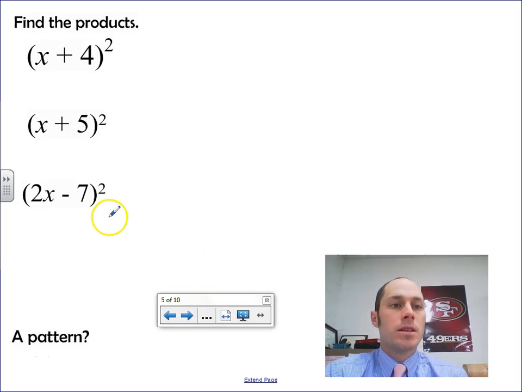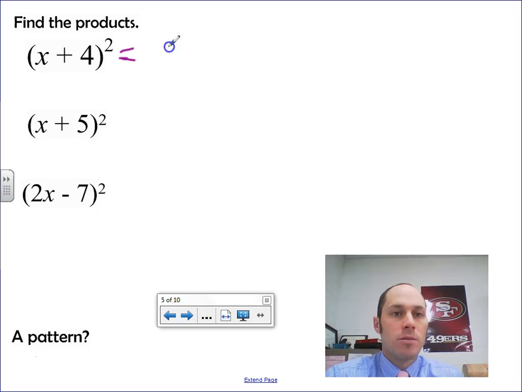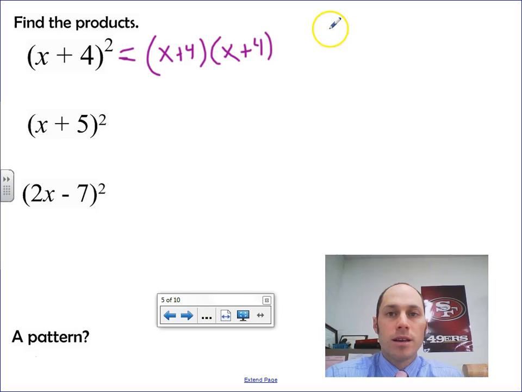All right, so now we have x plus 4 squared. Well, you know what exponents mean. You learned that last unit. It means whatever's in there gets multiplied by itself twice. So x plus 4 times x plus 4. If I want, I can create my area model.